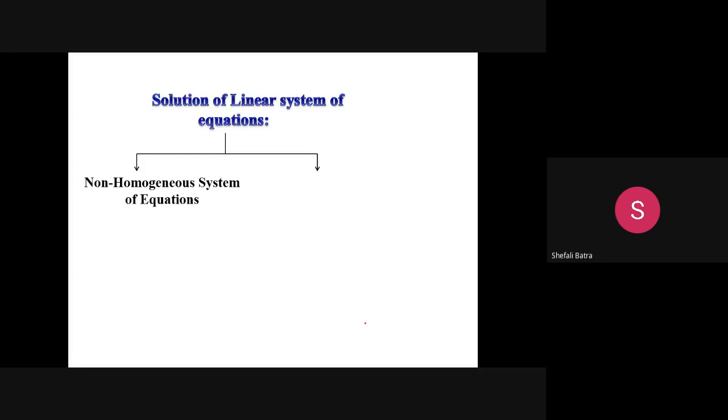So let us have, first of all, what is the linear equation system? We do have two types of linear equation system. One is non-homogeneous system of equation, another is homogeneous system of equation. What is a non-homogeneous system of equation?